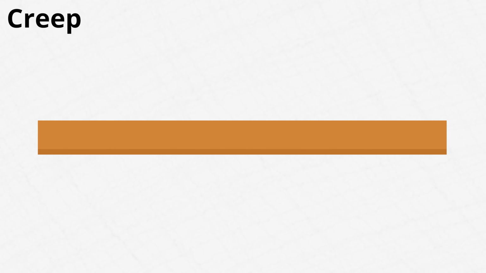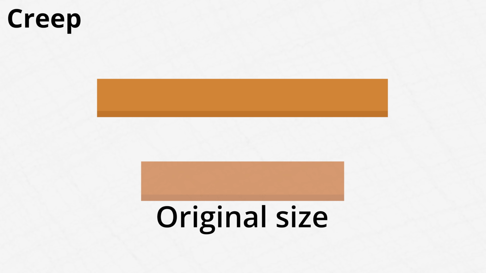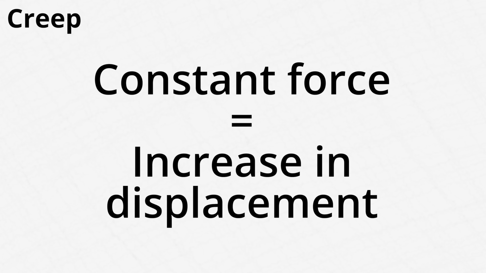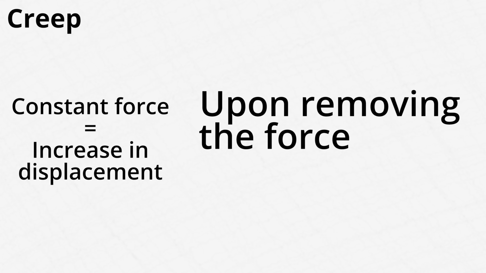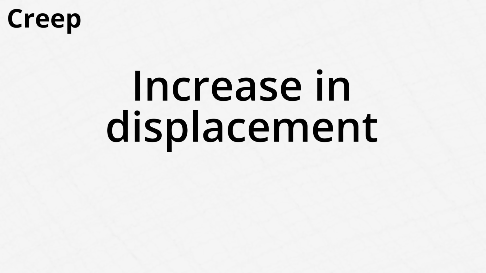Then, when you release it, it quickly shrinks back down to not quite its original size, and then takes some time to return fully to its original configuration. In other words, a constant force results in an increase of displacement over time, and then, once the force is removed, takes time to recover back to a displacement of zero. The increase in displacement with force over time is considered creep.